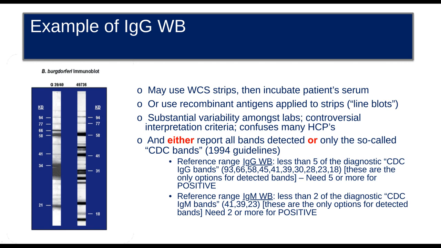There's a lot of difficulty interpreting Western blots, knowing what a positive is, agreeing on whether or not a Western blot has changed. So I'd like you to just reflect on these two Western blots on the same blood draw on a given patient.